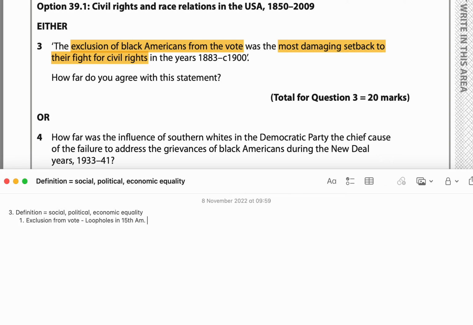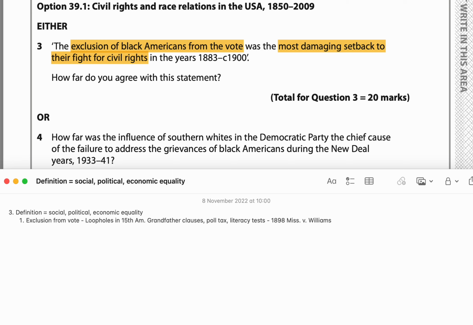The kind of things we're thinking about are the introduction of grandfather clauses, poll tax, literacy tests, those kind of things. We could also mention here the 1898 Mississippi versus Williams case in the Supreme Court, which upheld voting qualifications. So that's the kind of things we talk about in that paragraph.